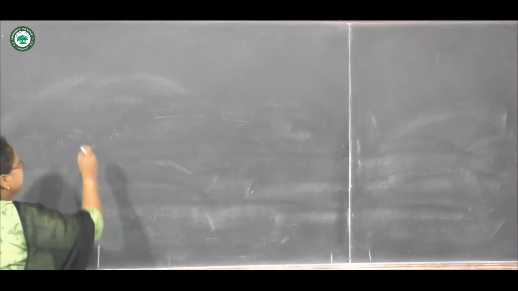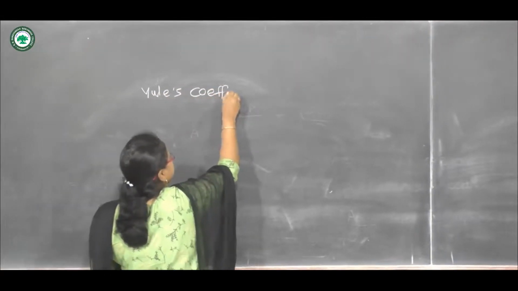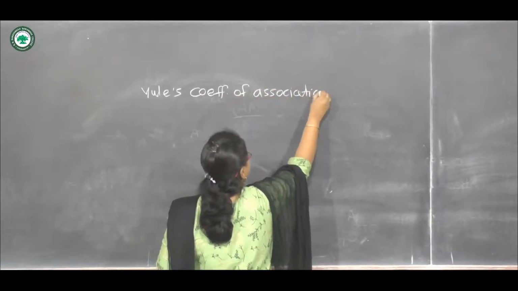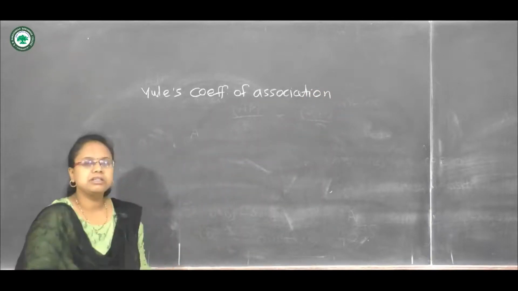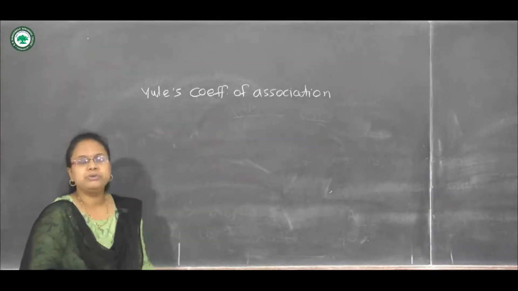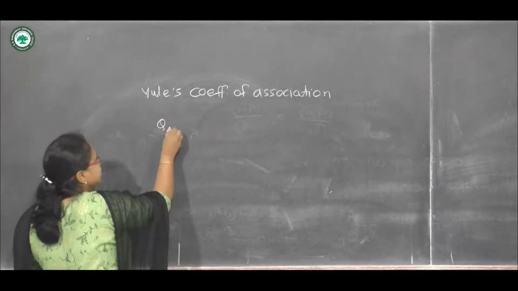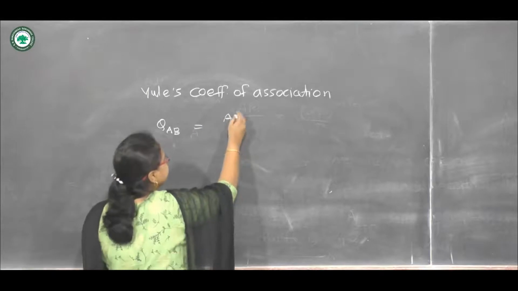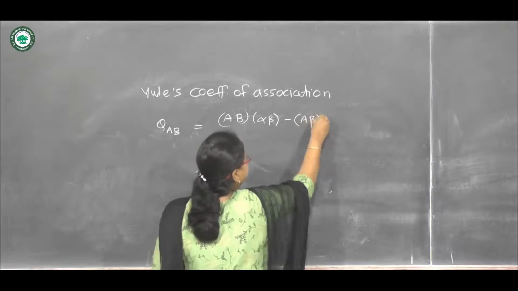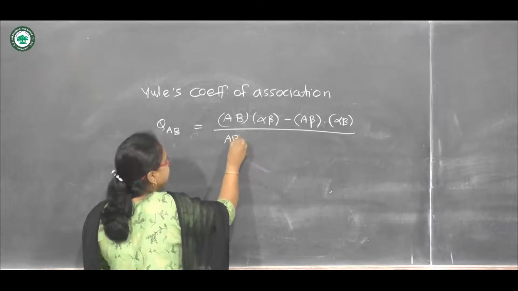Let us see the next concept, which is Yule's coefficient of association. It measures the association between two attributes, and it is given by Q_AB equals (AB)(αβ) minus (Aβ)(αB) in the numerator, and the addition of these two in the denominator.